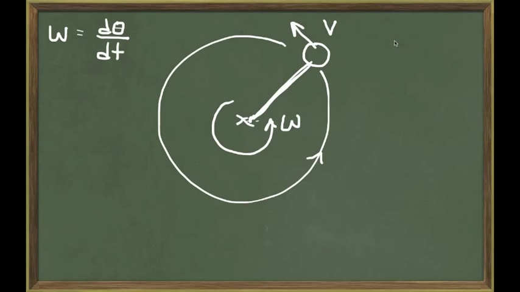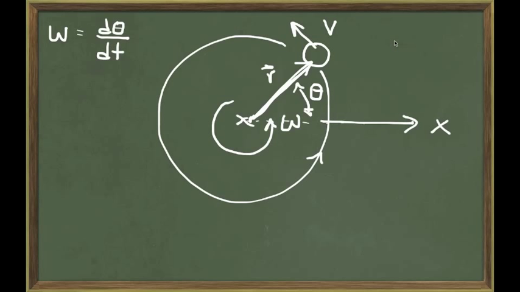That angle can define some reference axis and localize the object by specifying the angle that the position vector makes with some fixed axis, which we call the x-axis. So as the object spins around, the angle theta changes, and the rate of change of that angle with respect to time is what we call the angular velocity.